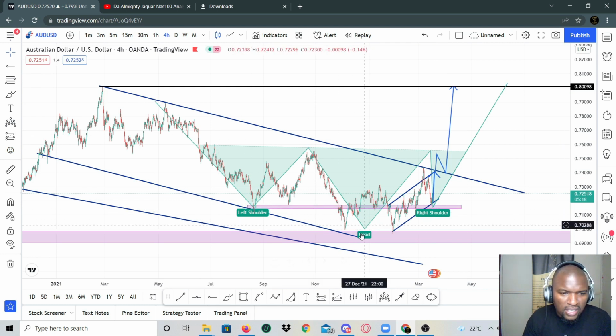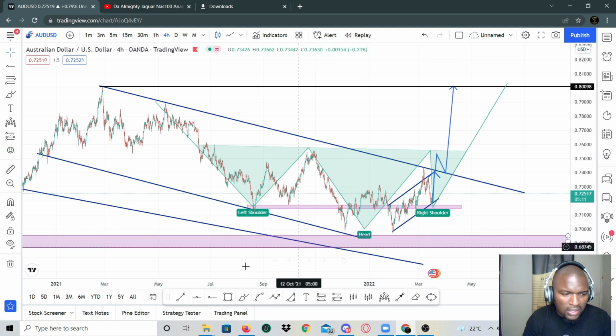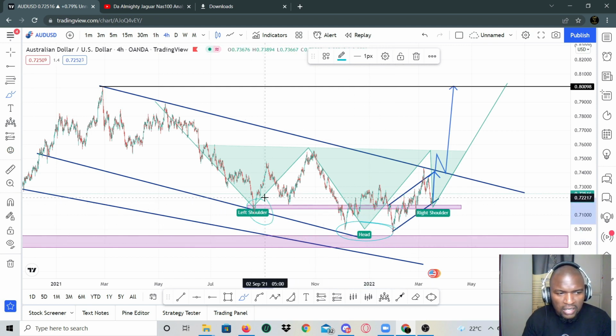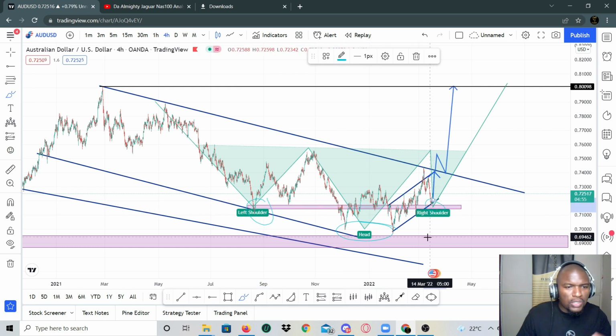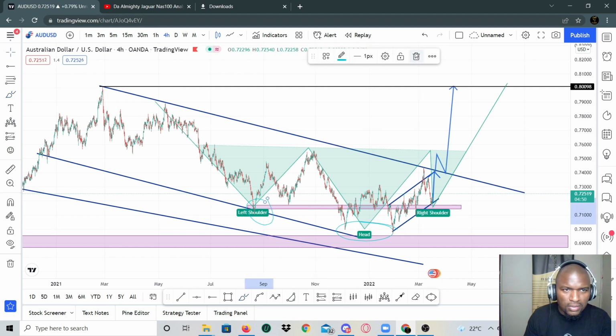Left shoulder, the head. These are our two heads. Consider this now as a double top, but also as a head. This is our left shoulder. That now is our right shoulder, the one that is currently forming. The one that is currently forming, guys.